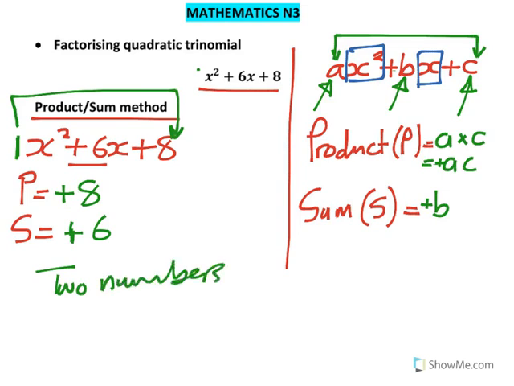When we multiply them, product, they must give us an 8. And when we add them, sum means plus, we must get a 6. So which two numbers, when you multiply, you get an 8, and when you add, you get a 6?